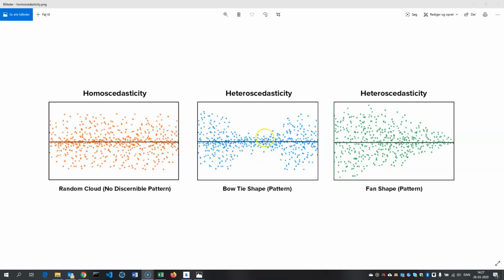So we have a bow tie or a butterfly shape, and here we have a fan or a funnel shaped, some people call it a trumpet shaped pattern. Both of these are heteroscedastic, and that's not what we want to see, because our assumption on which our regression relies is that we have homoscedasticity.